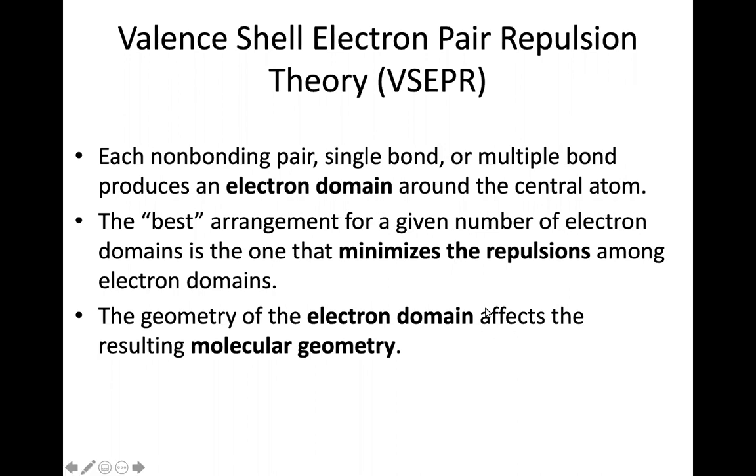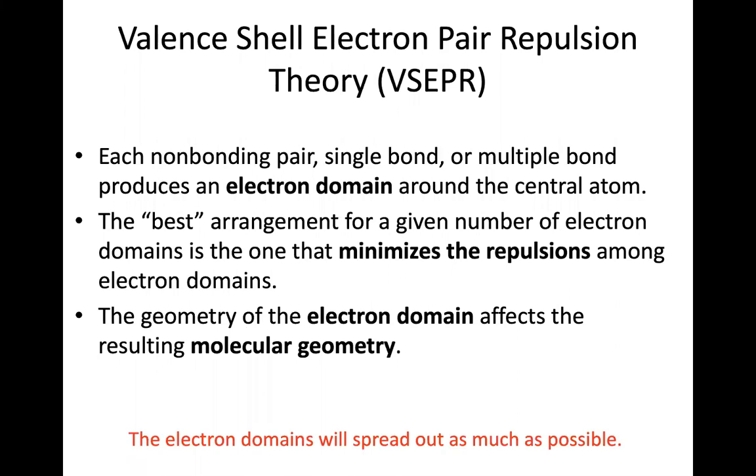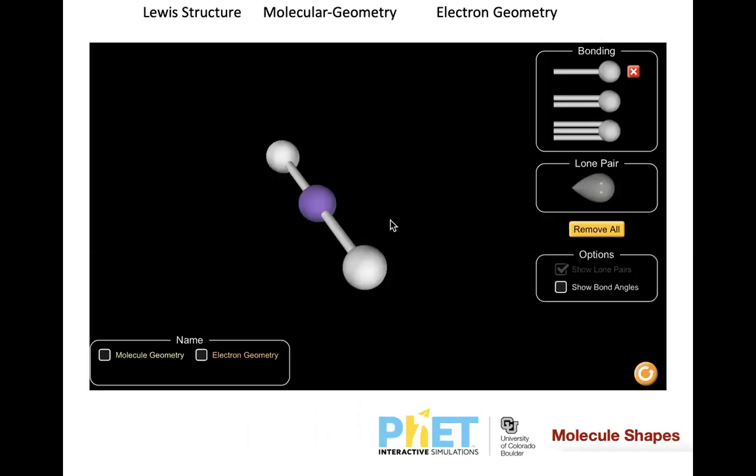We're going to space out all of the different electron domains and then see what that means for the resulting molecular geometry. The electron domains are going to spread out as much as possible. And when I say electron domains, remember, that could be a bond or it could be a lone pair. That's what we have within this PhET sim here called molecule shapes, if you want to play with it.